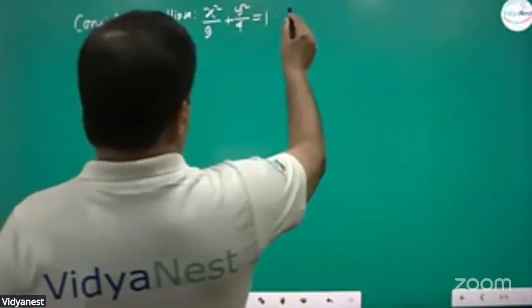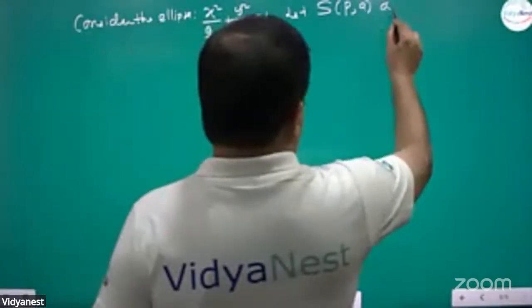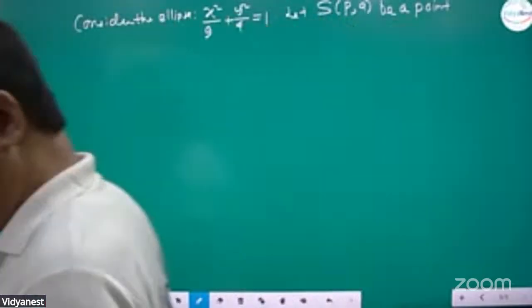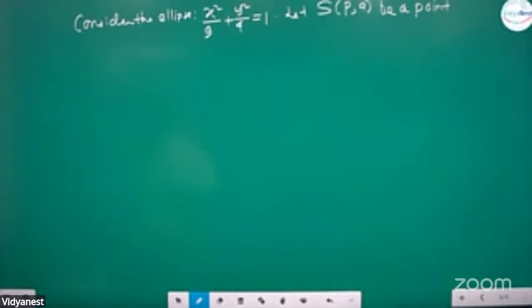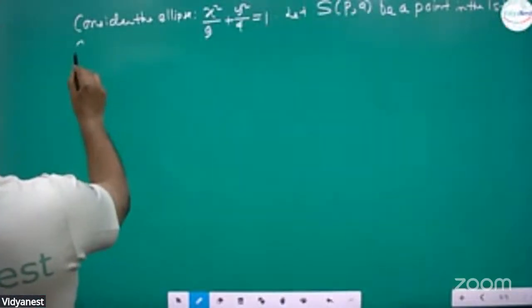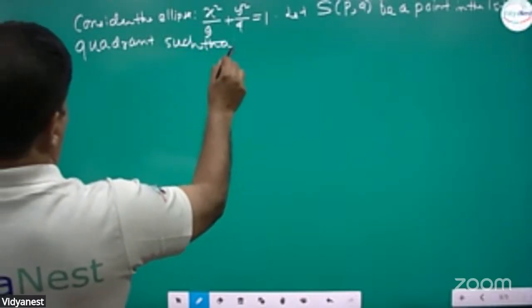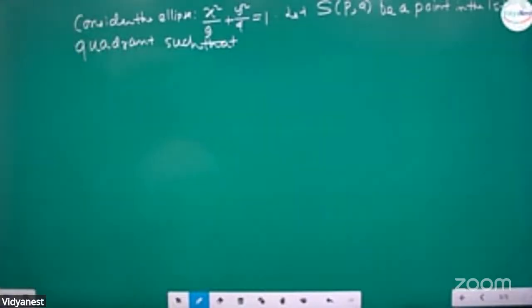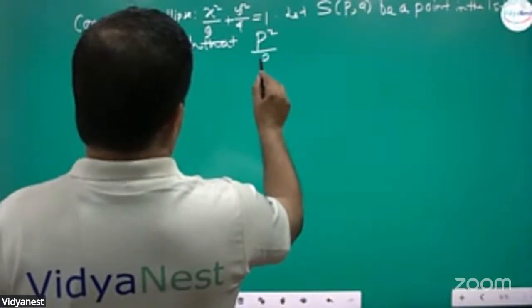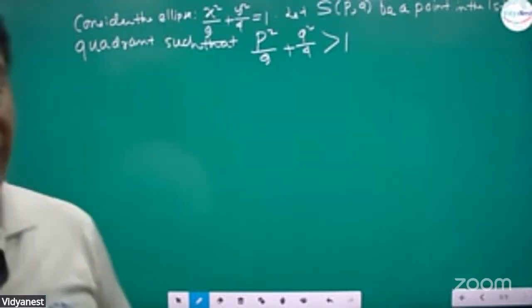Let S be a point in the first quadrant such that p square by 9 plus q square by 4 is greater than 1. Okay, that is given in the question.